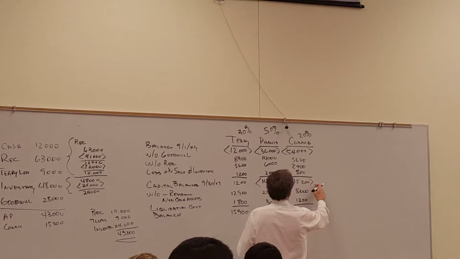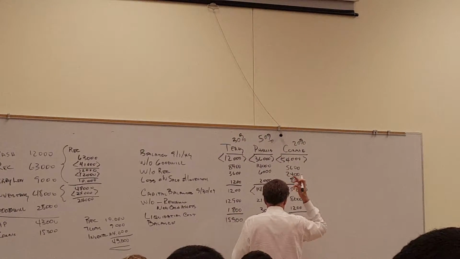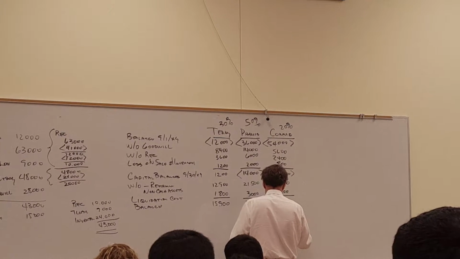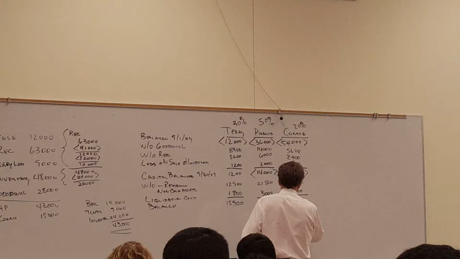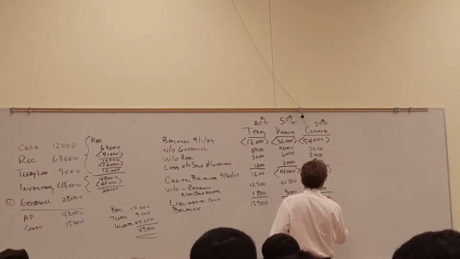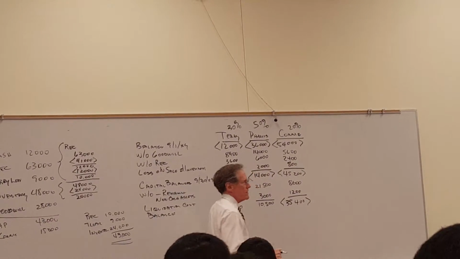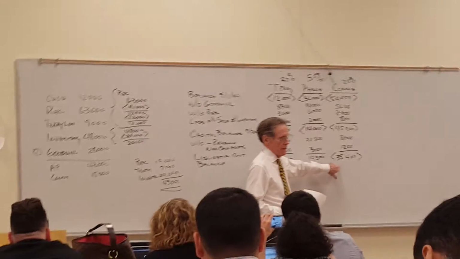Connie starts with 45,200 and takes off the 8,600 and the 1,200, and she ends up with 35,400, but she still has a positive balance in her capital account.